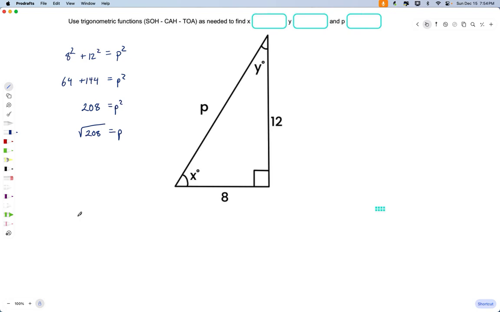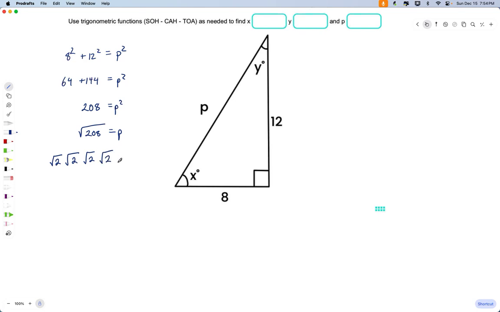So we just need to find the square root, or we need to factor something here. So I know that that's going to be 2 times 104, which is 2 times 52, which is 2 times 26, which is 2 times 13.